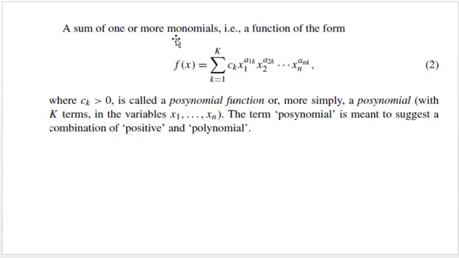A sum of one or more monomials of the form f of x equal to sigma k ranging from 1 to K, ck x1 raised to a1k, x2 raised to a2k, etc. xn raised to ank, where ck greater than 0, is called a polynomial function, or simply a polynomial with variables x1 etc. xn in K terms.